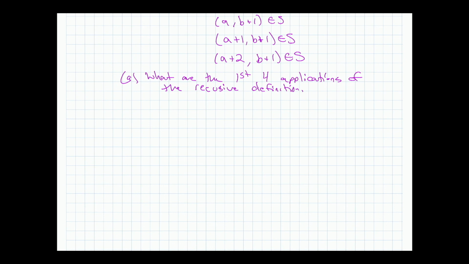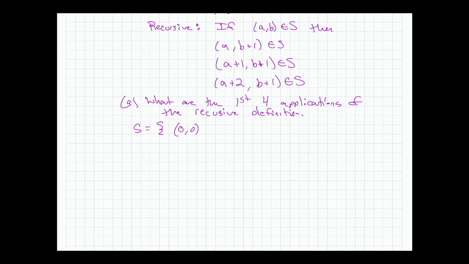All right. So what does the set contain? Well, it starts out with 0, 0, right? And then from 0, 0, we get new things using these three ways to get new things. So A, B is 0, 0.